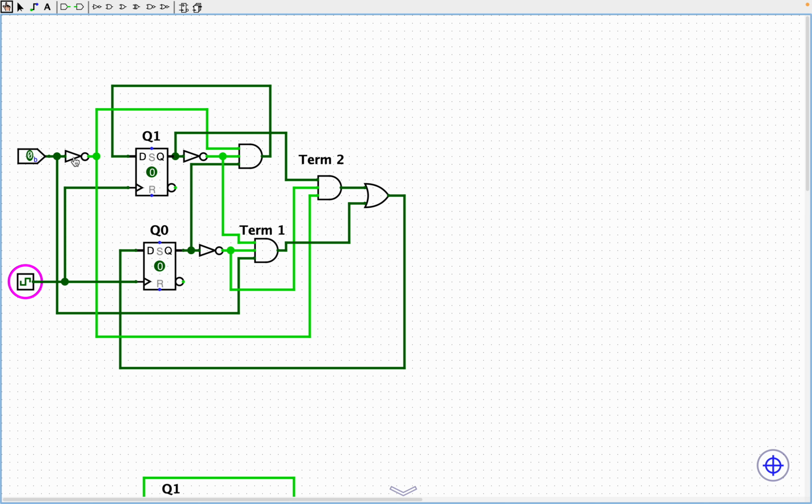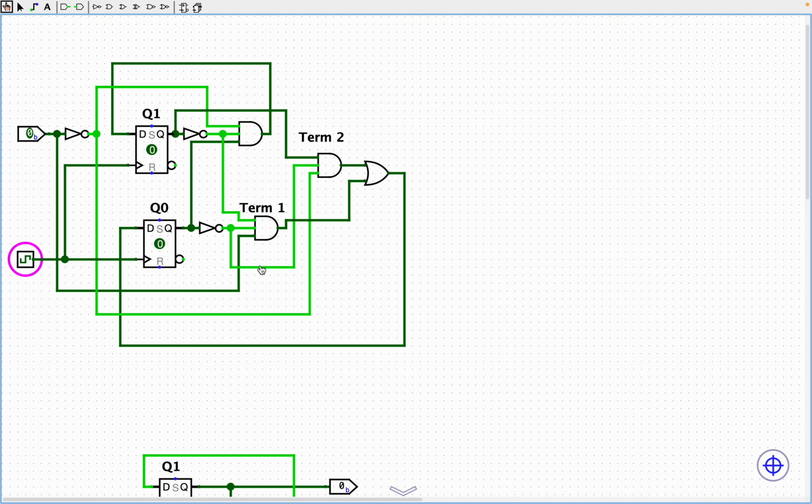And then we'll need an AND gate with 3 inputs. That is for the NOT Q1 and Q0 and NOT I. So we use that one for that equation.